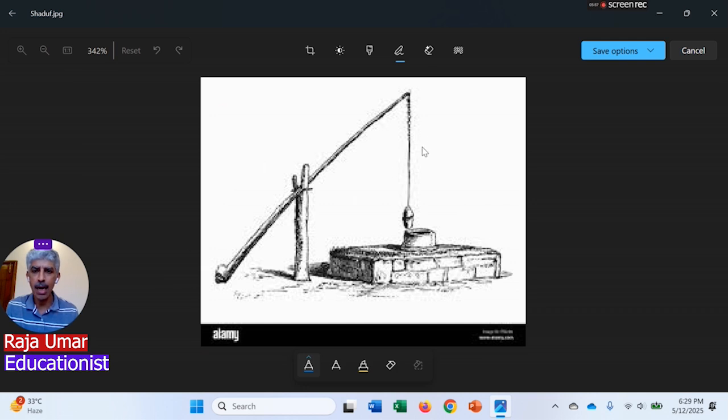A sling, you can say a rope, a long wooden branch, and a structure to hold on to this one to pull out the water. I mean, you can say that this works just like the concept of physics, the lever.